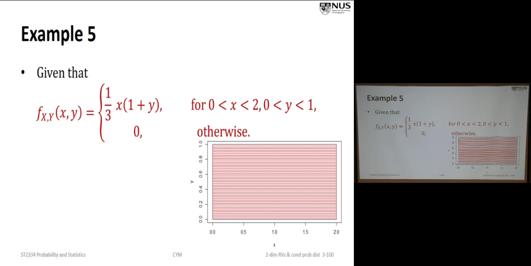Now I give you another example. The joint PDF is like this, over a rectangular space. X between 0 and 2 and y between 0 and 1. So you can see that this is a product space. The range for which this joint PDF is defined is over a rectangular region. So are x and y independent?